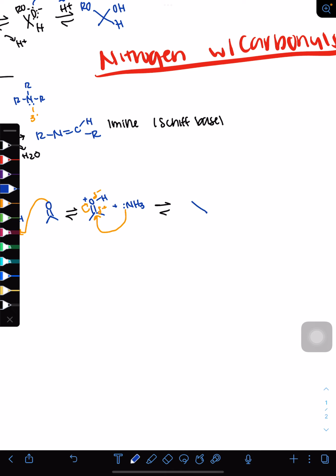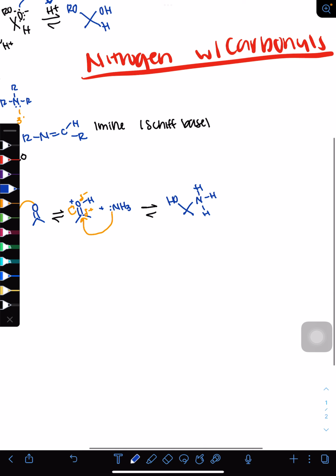Then we will get this NH3 right there, and then the OH here. And then we keep going with another NH3. And then once again, these bonds are going to go to this hydrogen.